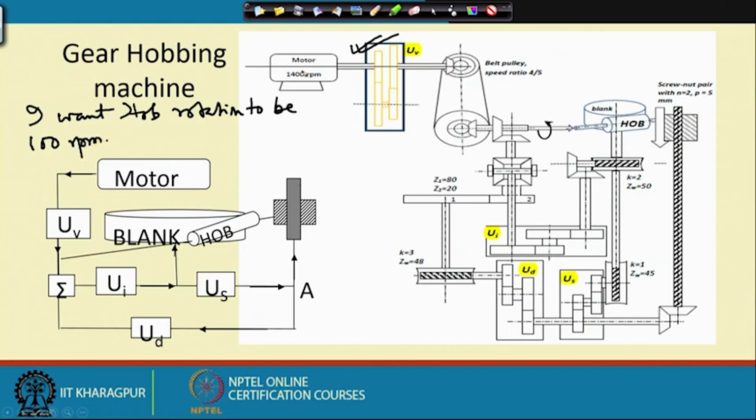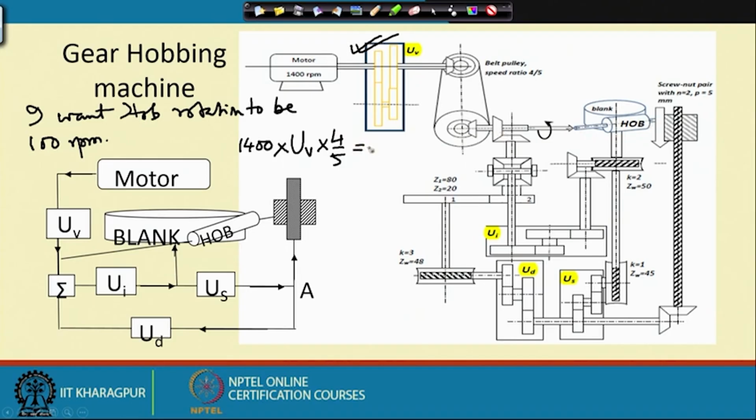How can I get that? So, I start from the motor, that is, what should be UV so that I get 100 RPM on the hob. So, we can make a calculation this way very fast. I start from the motor, 1400, I multiply by UV, I do not know the value. So, UV multiplied by, it comes out and there is a 1:1 bevel gear, then belt pulley speed ratio is given to be 4/5, then again 1:1, 1:1 etc., all these things.